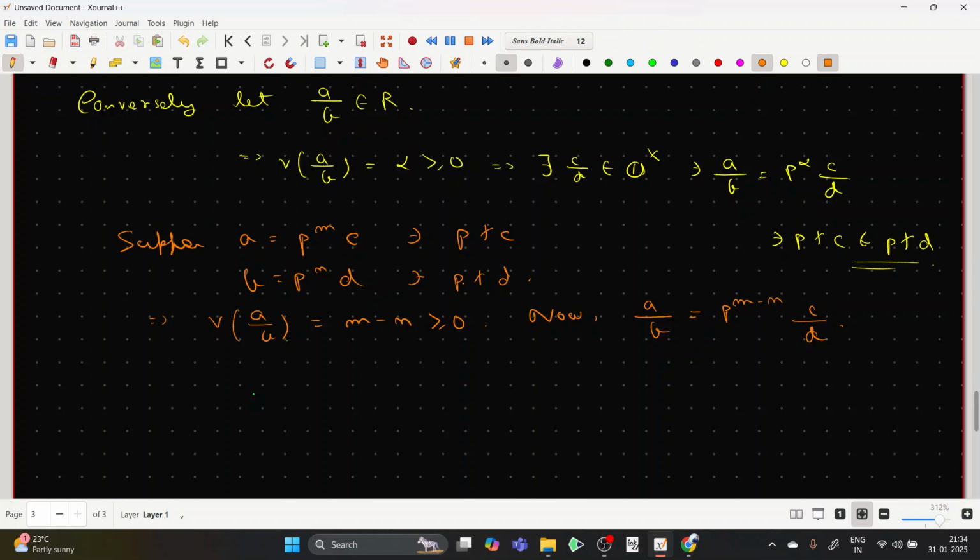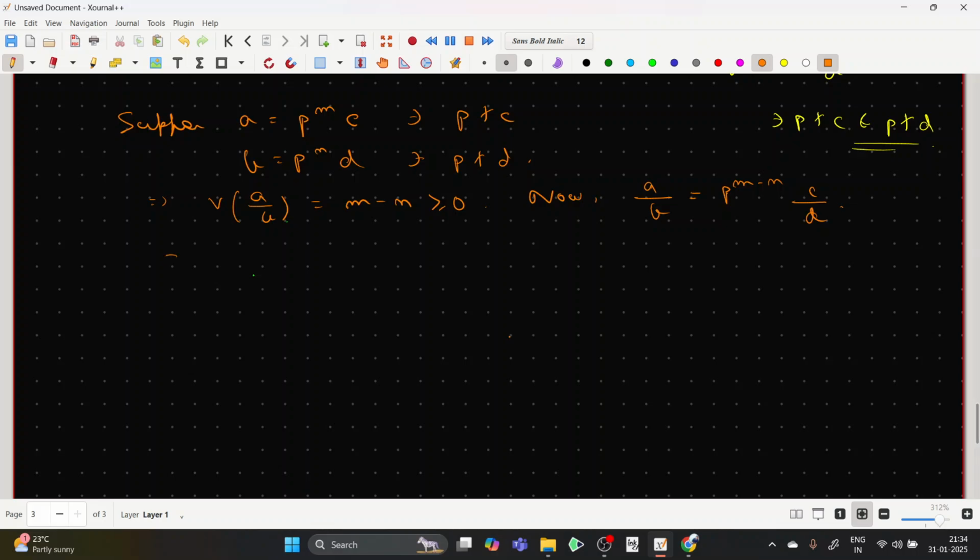So the only common factor between A and B resides in the powers of P. So I can assume without loss of generality that A by B is in its lowest terms, correct? I can do this, but then M needs to be 0 or N needs to be 0.